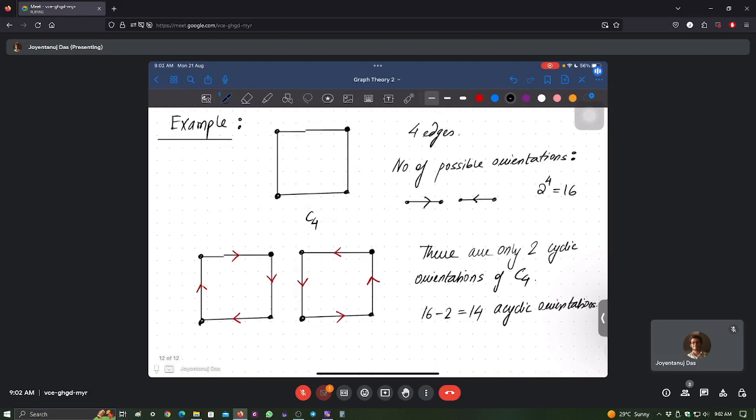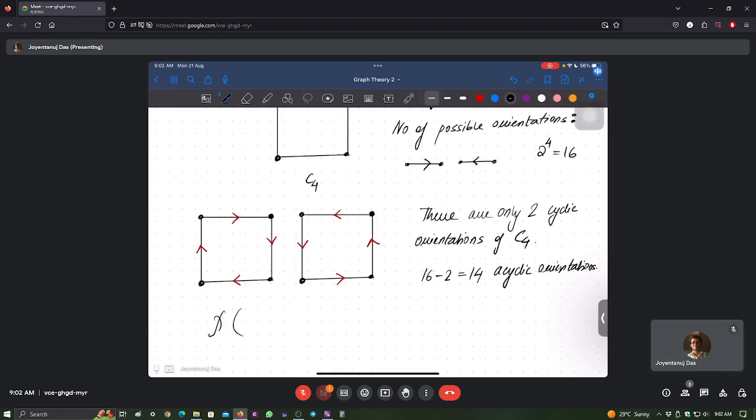Now, if we remember the chromatic polynomial, I'll just recall it. This is given by k into k minus 1, which we did earlier.